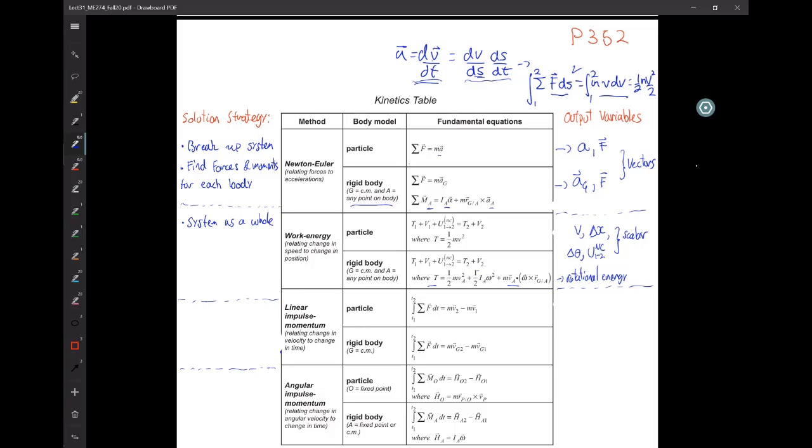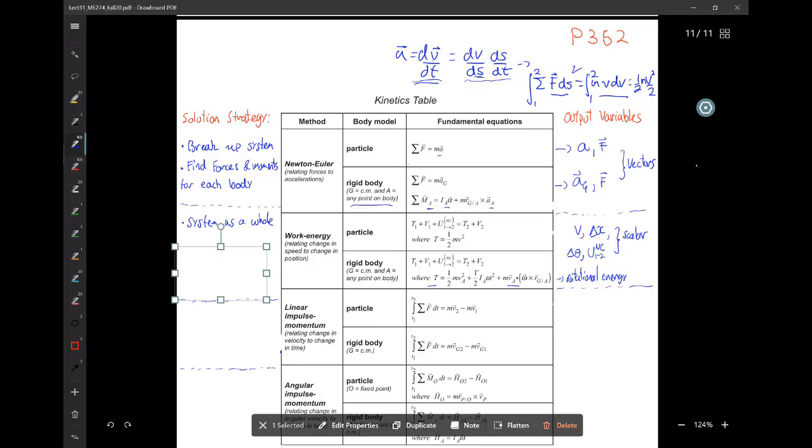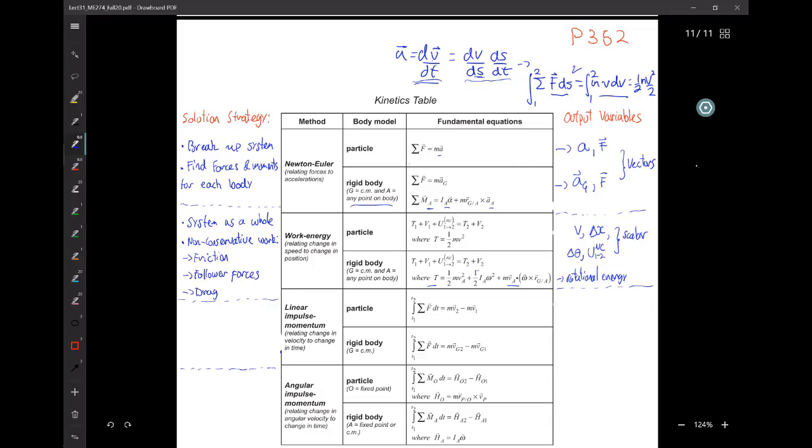Now, of course, there are dissipative forces that can cause non-conservation, and we know that if they are present, they are going to be dissipated, so they don't remain in this big bubble. Otherwise the big bubble works because energy is conserved.